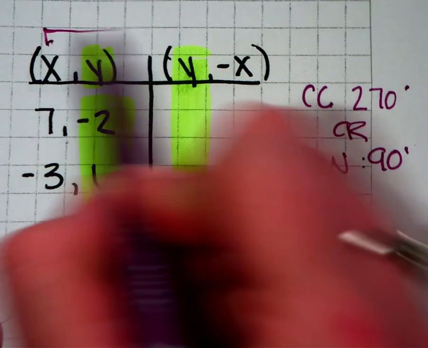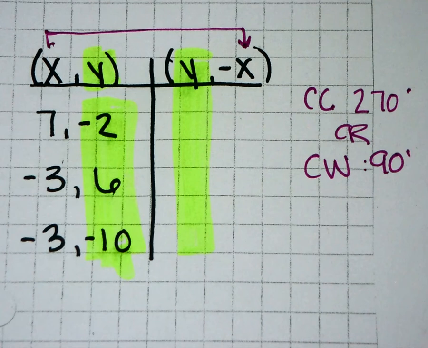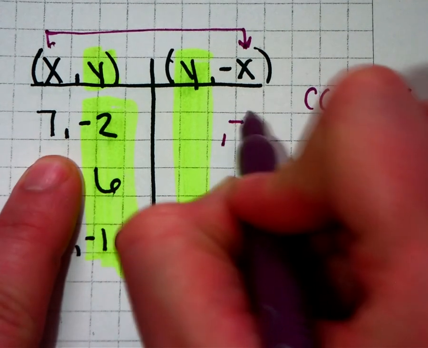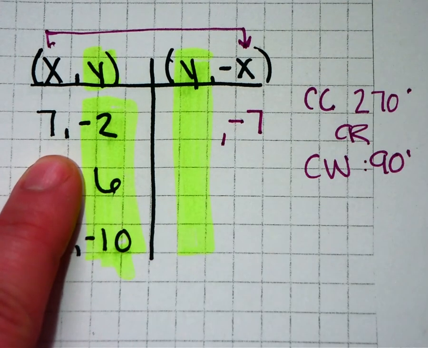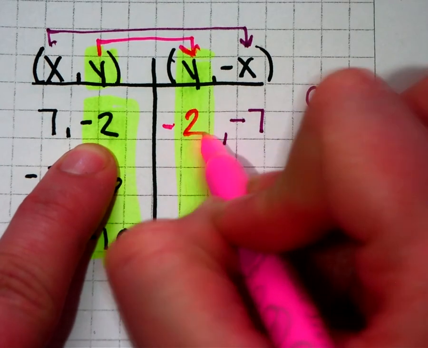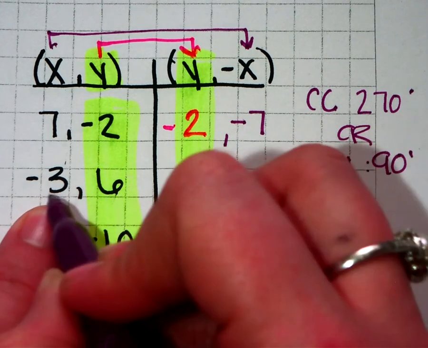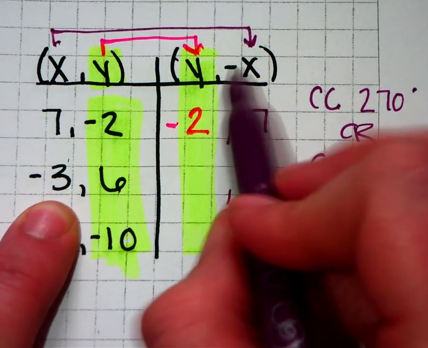My x values are the ones that are moving. So it started as a positive 7. It's going to move to the end and become negative 7. My negative 2 for my y moves to the front. Negative 2, there's no change. It just moves. For the negative 3 x over here, it's going to move to the end and change because it's got that minus.